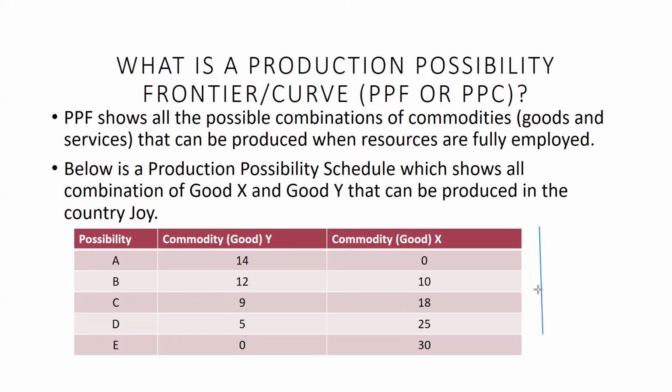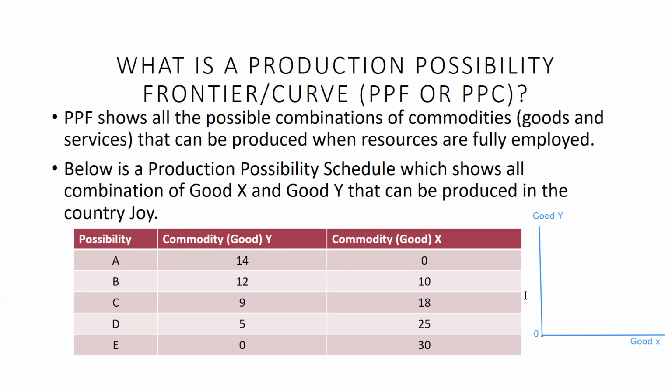So you have one axis. Let's say there's your y-axis and an x-axis, right? I'll let the y-axis be good Y and the x-axis be good X. This point here will be 0.